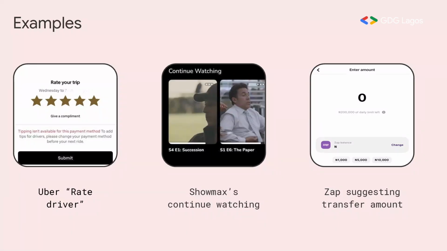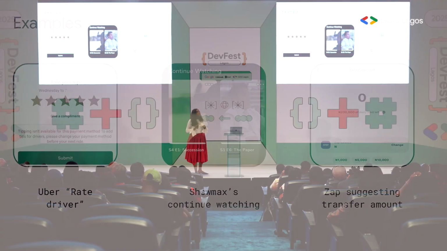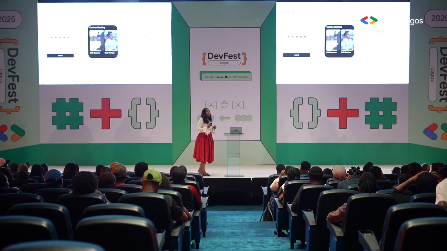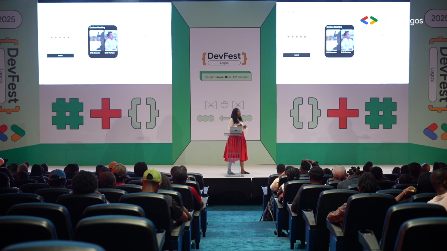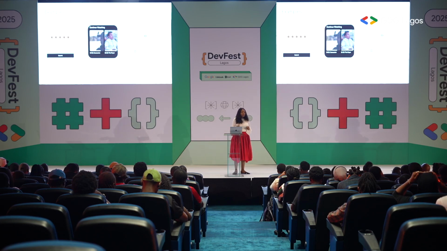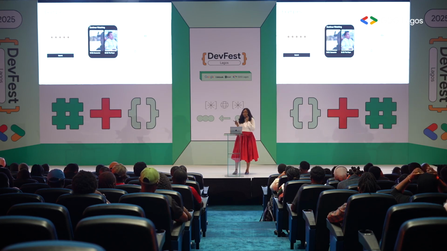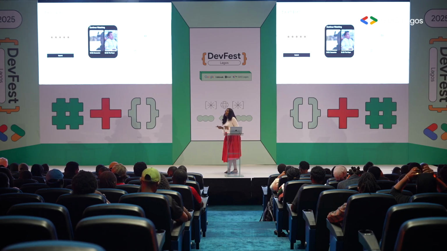The last example is Zap. Zap is a very new app. I'm not advertising for them, by the way. One of their features I really like is how they anticipate the amounts that you want to transfer. I think that's really cool, and it's the first time I've seen that.